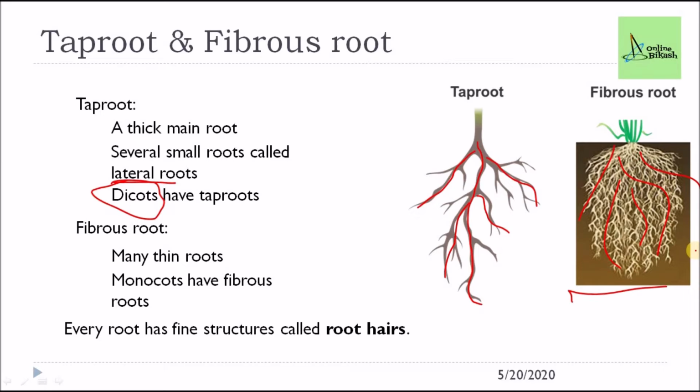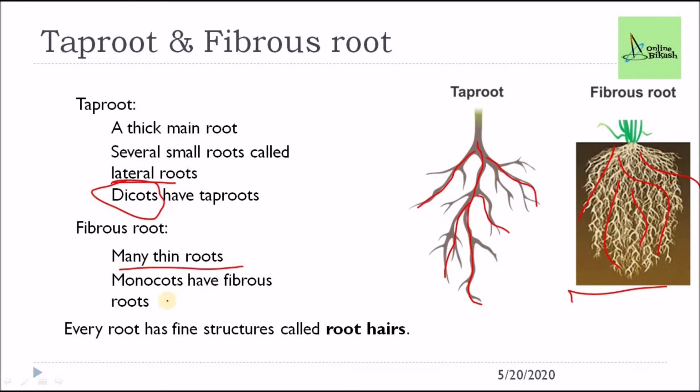Now in the case of rice, during the summer season, when our fields are completely green, covered by paddies, if you pull out a rice plant, then you will notice this kind of roots. So it is known as fibrous root, fiber type. It doesn't have any main thick root, and you can see that it has many thin roots.